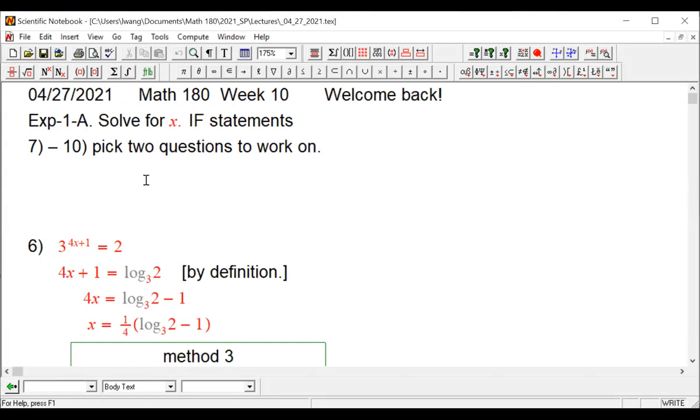Very good job, Bailey. Anybody else would like to submit? You see number 9 and number 10? There's a natural log there. I wish to see someone do natural log. Number 9, number 10.